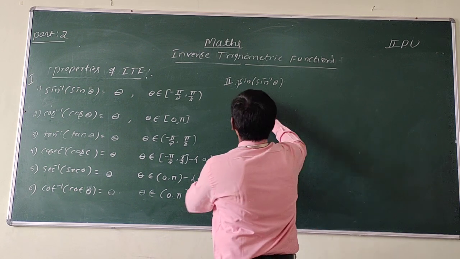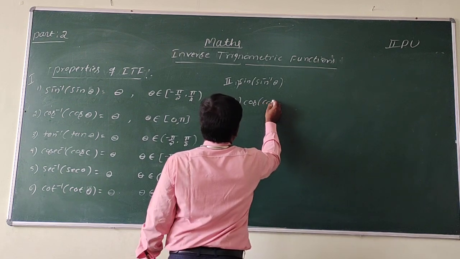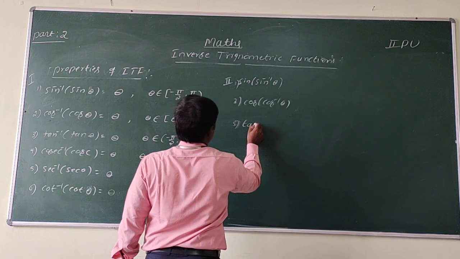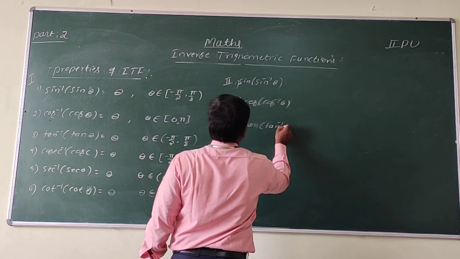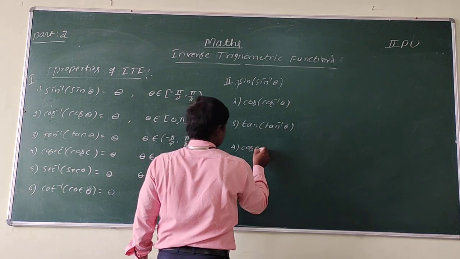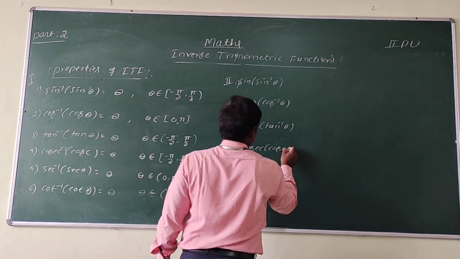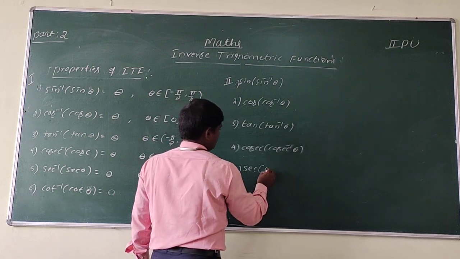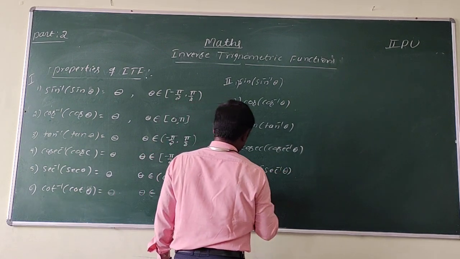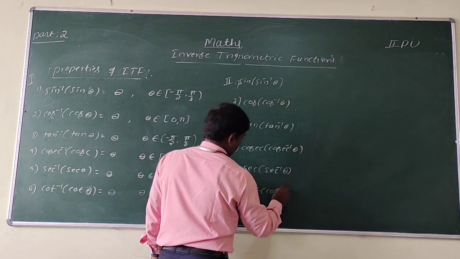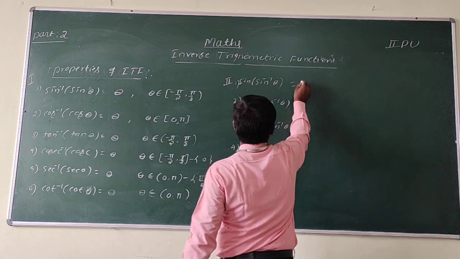Cos of cos inverse theta. Third one, tan of tan inverse theta. Fourth one is cosecant of cosecant inverse theta. Fifth one, secant of secant inverse theta, and sixth one is cot of cot inverse theta. Okay.